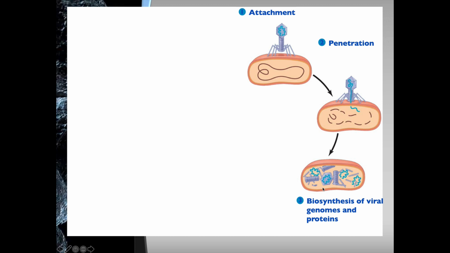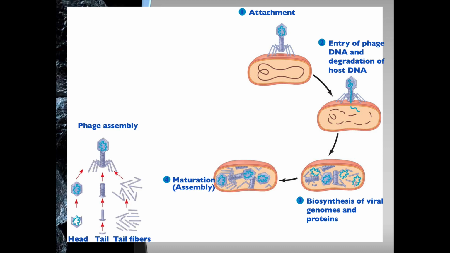Step number 3, the biosynthesis of viral genomes and proteins will happen. Ultimately, the ribosomes will read the incoming DNA, change what they do to basically produce more viral particles on the inside of that bacterial cell. Number 4, maturation is basically assembling all of those raw pieces of viral particle into working viruses.